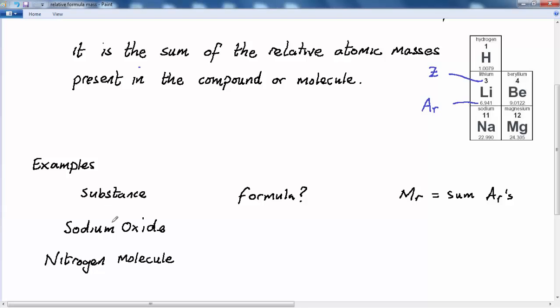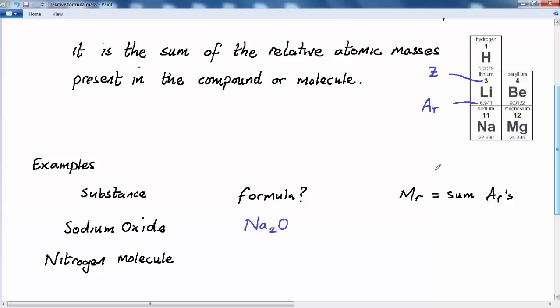Okay, suppose I want to find the relative formula mass for sodium oxide and, say, nitrogen. Well, the first thing we've got to do is determine the formula always. So for sodium oxide, this is Na2O. And then we look to the periodic table to determine the relative atomic masses of each element.